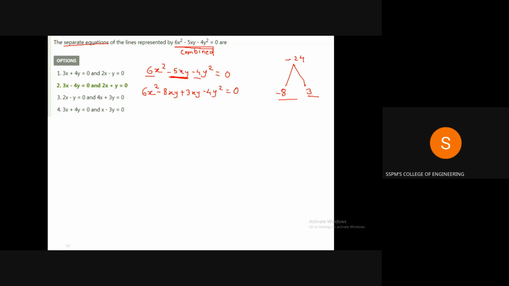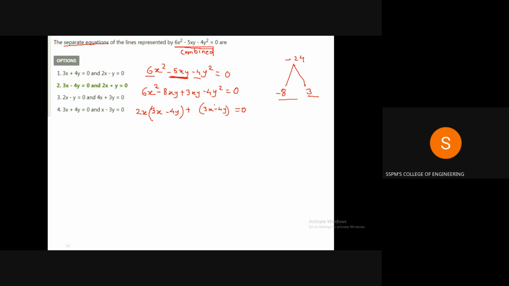Now what can we take as common? Here it is 6 and 8, so we can take out 2, and here x square and x, so we can take x common. So 2x into bracket 3x minus 4y. Again we need to have 3x minus 4y in the second bracket as well.